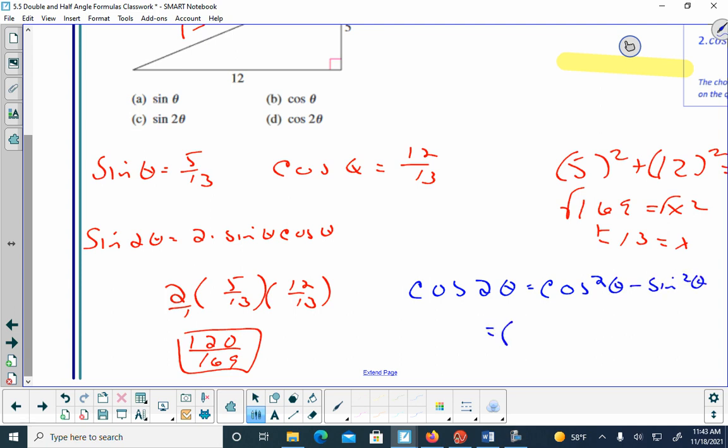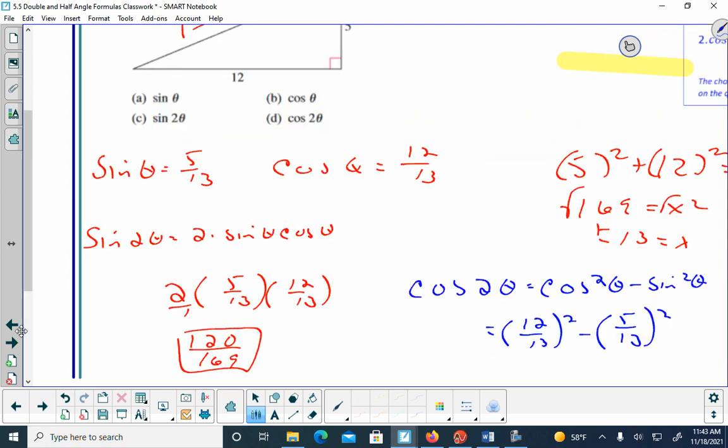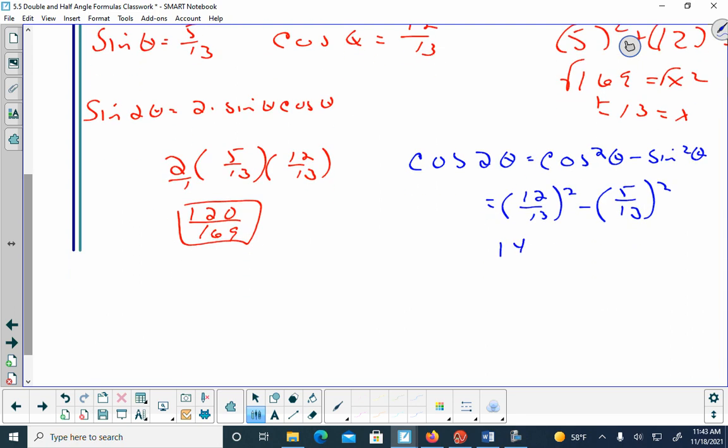So I'm going to take my cosine, which is 12/13, square that, minus my sine, which is 5/13, square that. So this is going to be 144 over 169 minus 25 over 169. And when I subtract, I get 79 over 169.